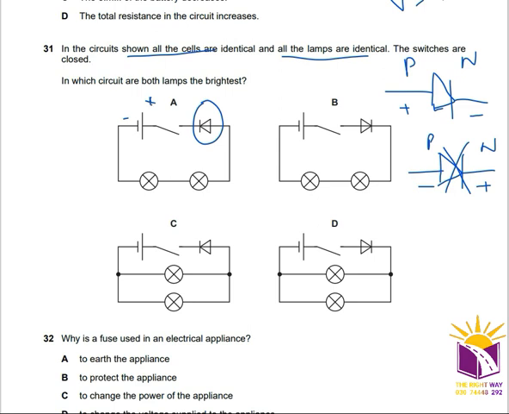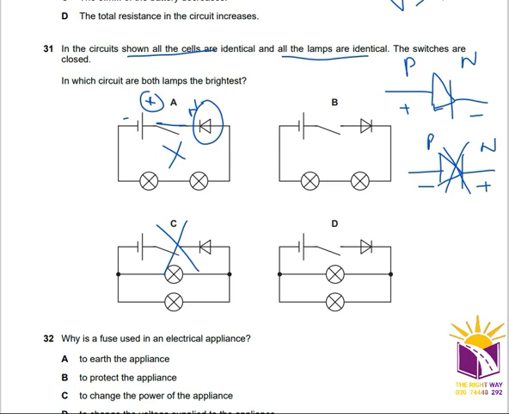So from this one we can see that if the switch is closed, plus is connected with N, so current is not going to flow in A and C. So A and C are wrong options. Now in B and D. In B, our lamps are connected in series.